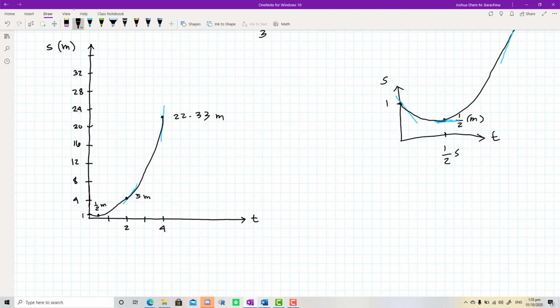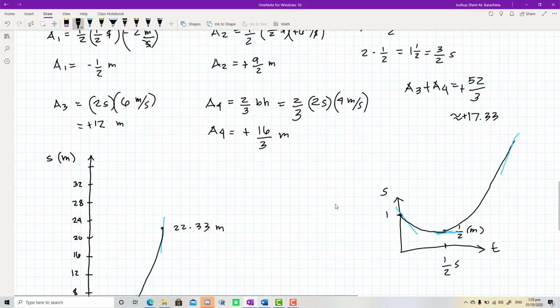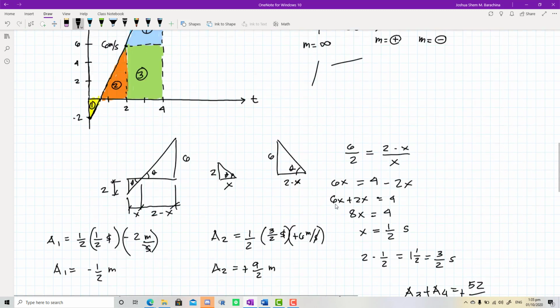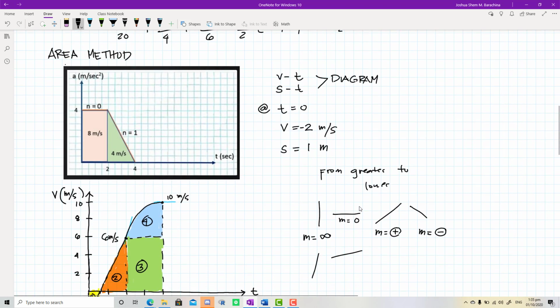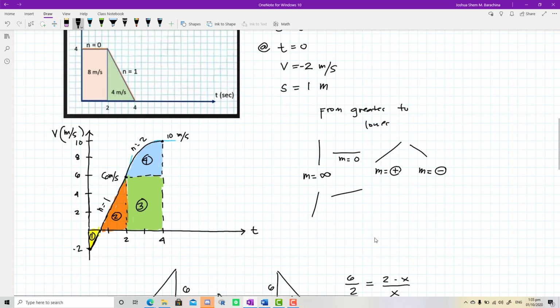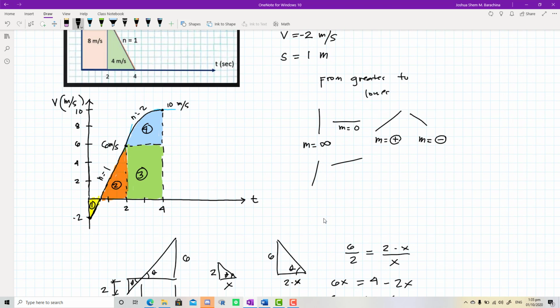So we now have your position time diagram. And if you will notice again, the degree of this line will increase. The degree of this is 1. So from the first degree, this became second degree. This is also first degree.